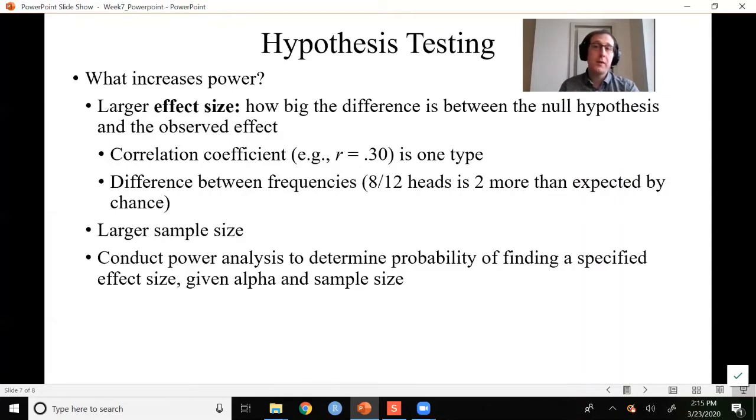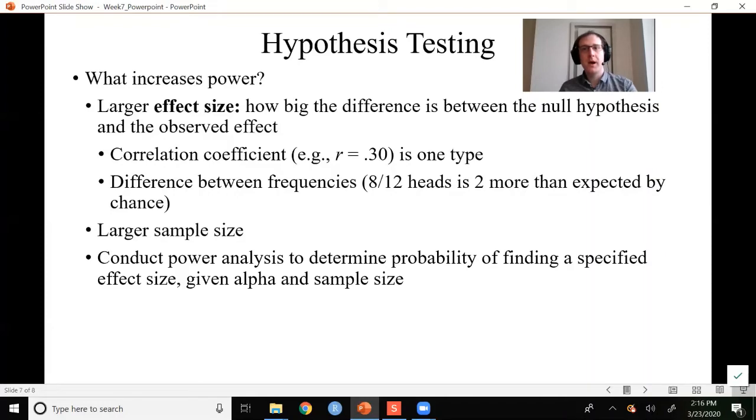So one thing that you can do is conduct a power analysis. Ideally, you do this before you collect the data. You specify, if we use an alpha of 0.05, if we expect the effect size to be an r of 0.3, for example, and we collect data from 300 participants, what is our power? And then we'd get those results.